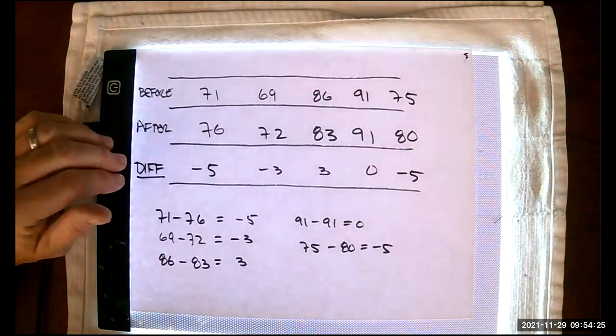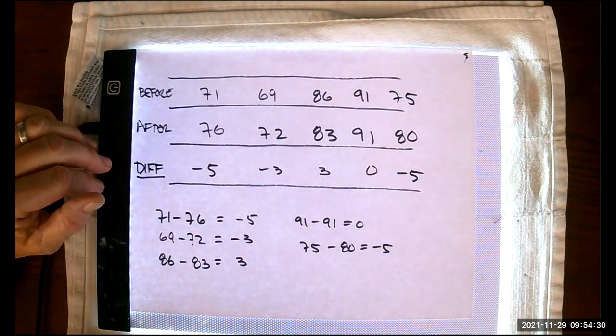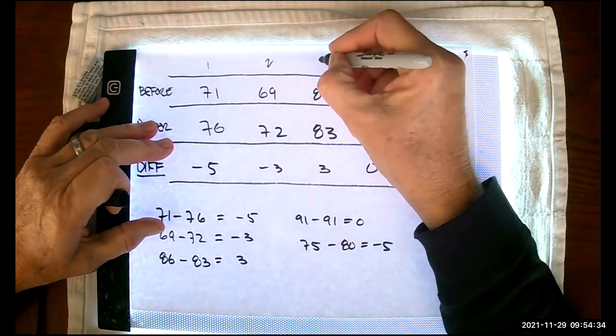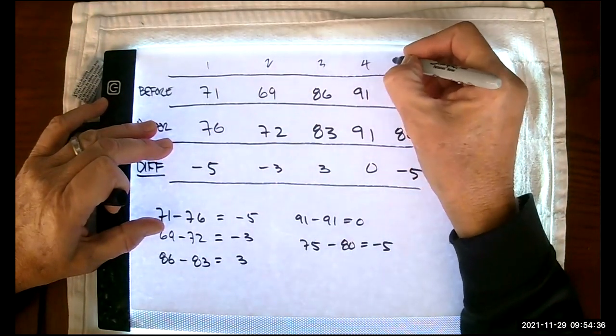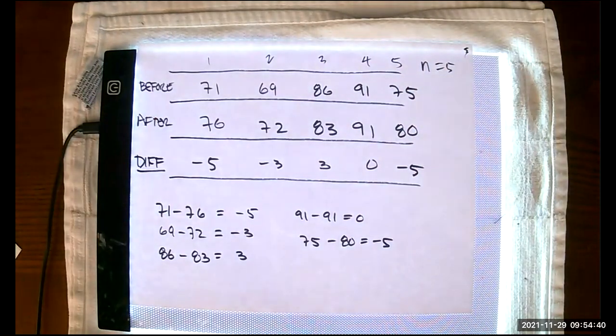So let me take a look at some made up numbers. Perhaps we went ahead and we tested some students before. We had a total of 1, 2, 3, 4, 5 observations altogether.